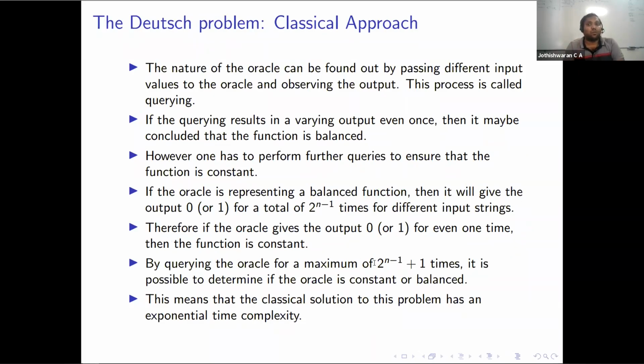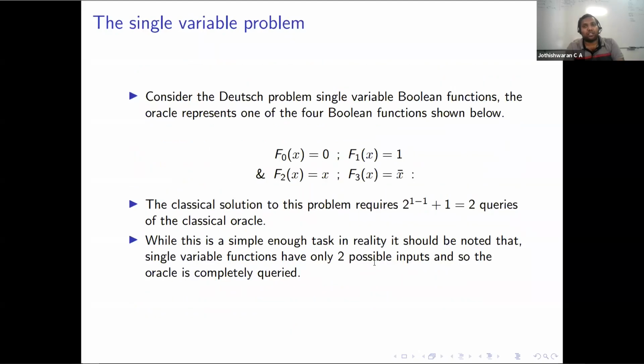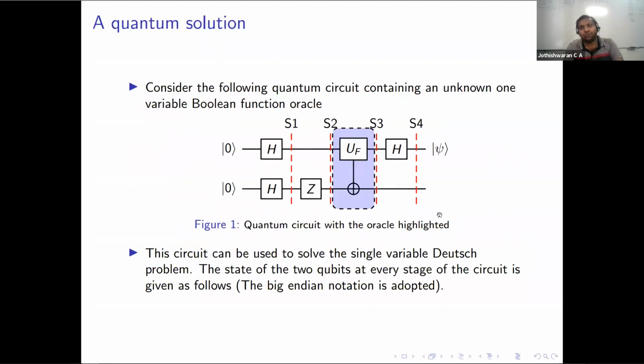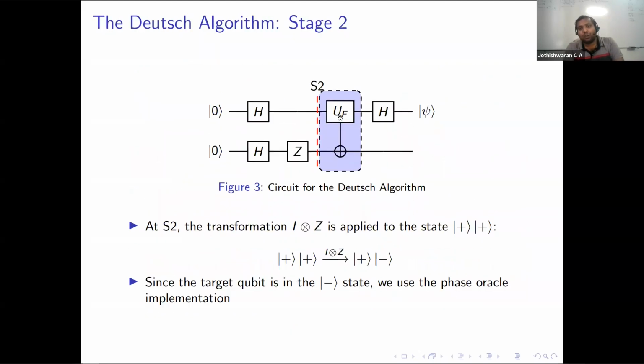In the quantum Deutsch-Jozsa algorithm, as will be shown to you, the same circuit is used, the U_f will be replaced by the n qubit equivalent, and similar transformations will be applied. Abhishek will shed more light on what those transformations are. By just performing those sets of transformations once, we can say definitively if the given oracle corresponds to a constant function or a balanced function.